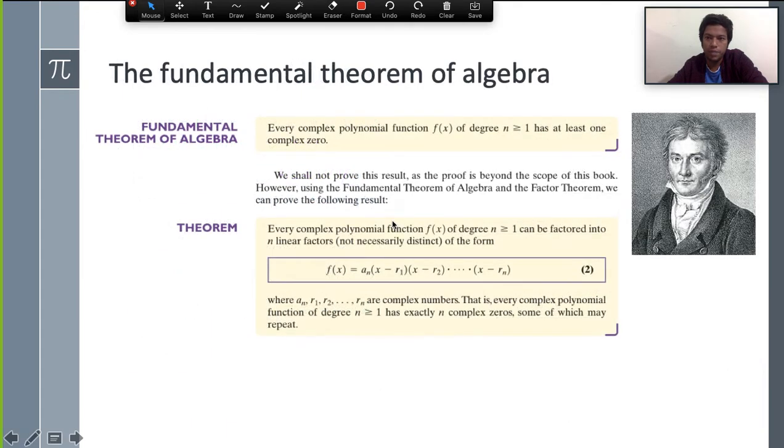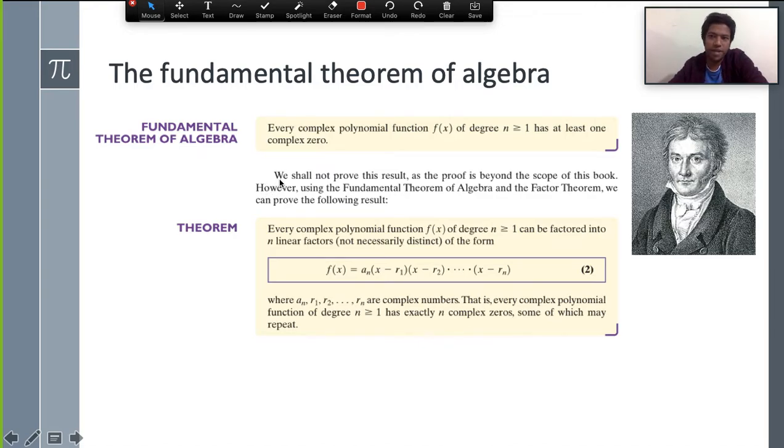Then let's begin with the fundamental theorem of algebra. This was developed by this guy, and you can see from his picture, he looks nice. He is called kind of a prodigy.